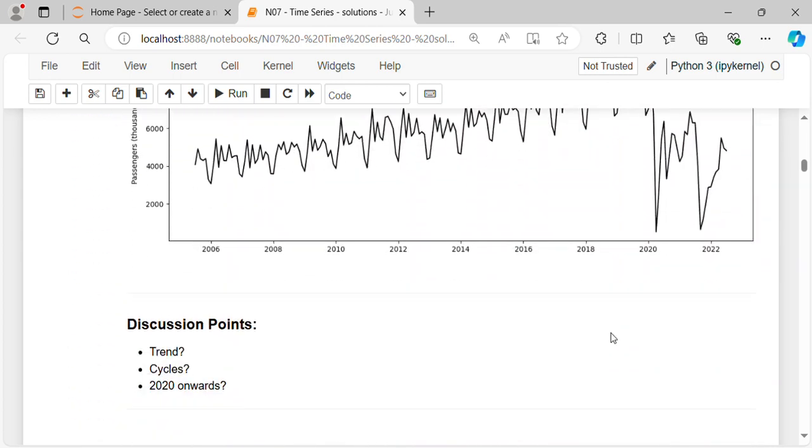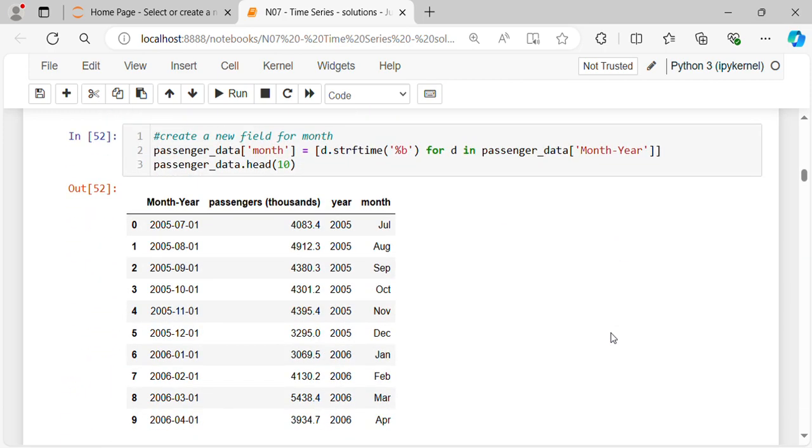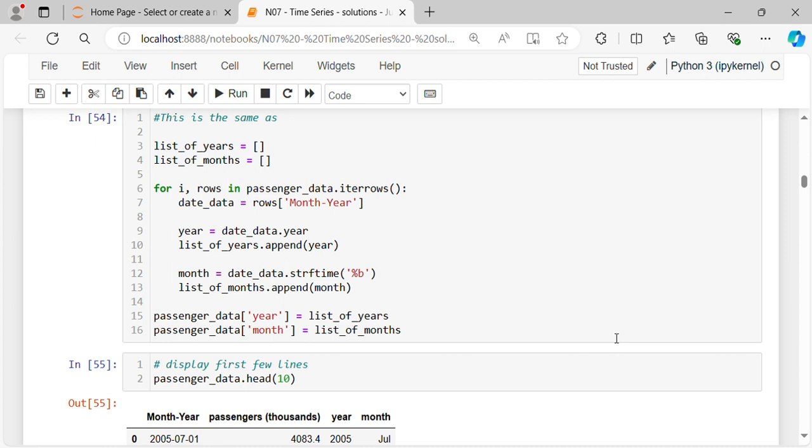We found that the trend was linear up to 2020, and then there was a decrease after 2020 because of the COVID lockdown.